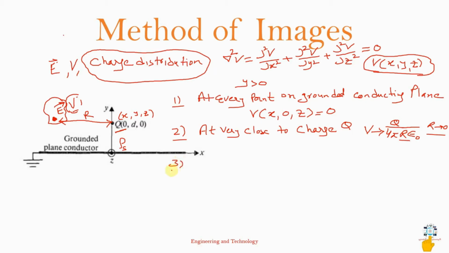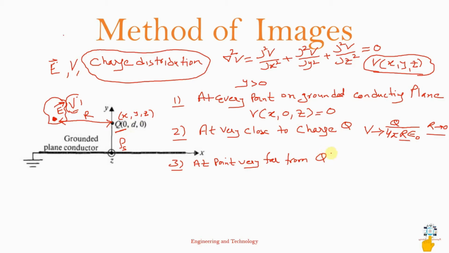Now the third one is that at a point very far from this charge q, the potential should be 0.